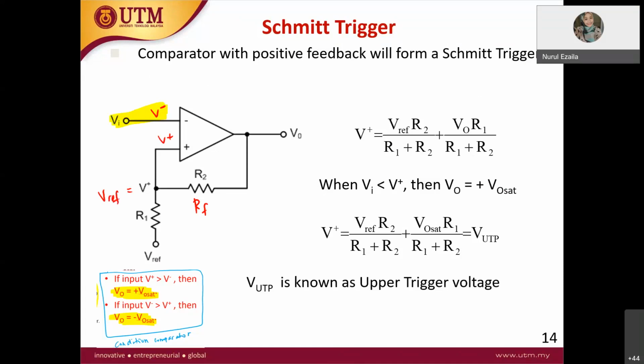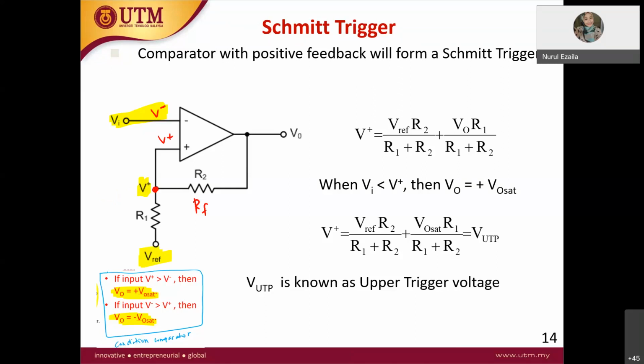So you need to find this V plus. Sorry, so this point is V plus, and this is V reference. To find the V plus, you have to do two voltage dividers.